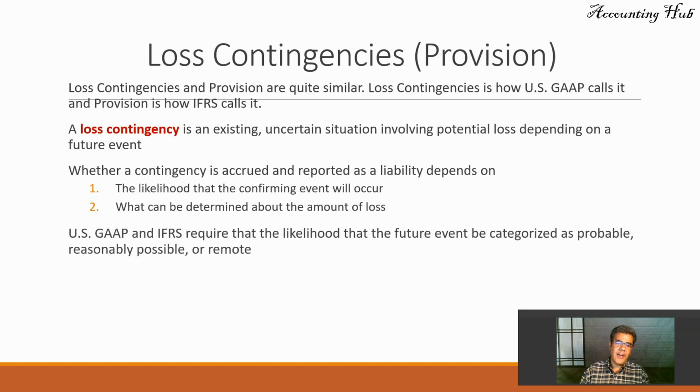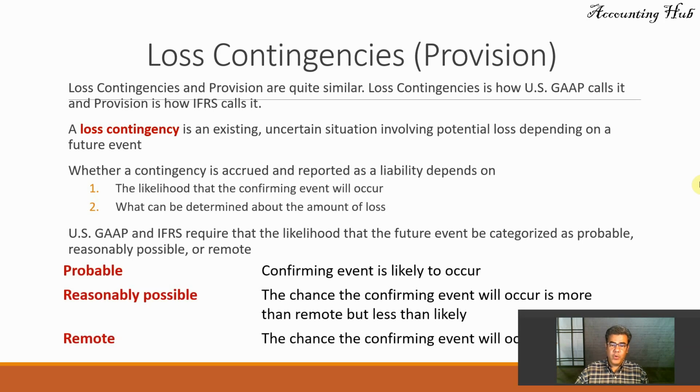US GAAP and IFRS require that the likelihood of the future event be categorized as probable: it will happen. We don't know when, but it will. Reasonably possible: maybe it will happen. Or remote: it will not happen, but who knows?